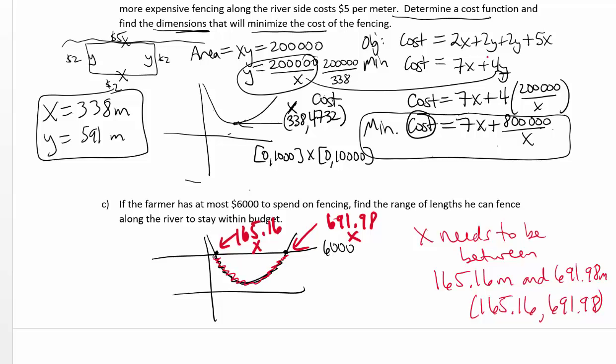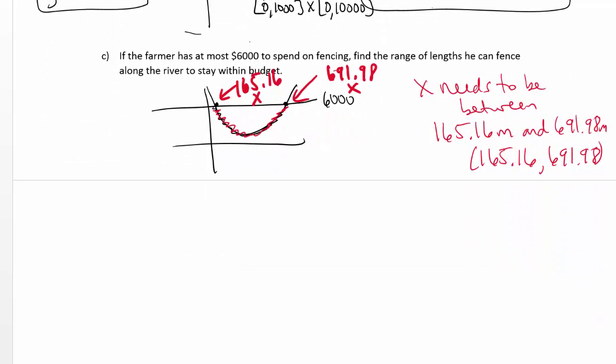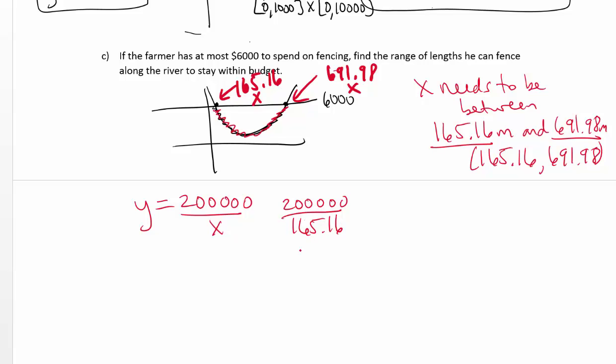Now that's what the x dimension needs to be. How would you figure out what the y dimension needs to be that goes with that? Well, remember our constraint. Our constraint was that y was 200,000 over x. So if you plug in each of these x values here, so plug in 165.16 and plug in 691.98, then that's going to give you a y value equal to about 1,211 approximately, and this one is about 289.